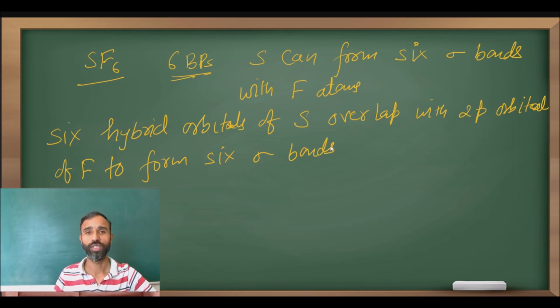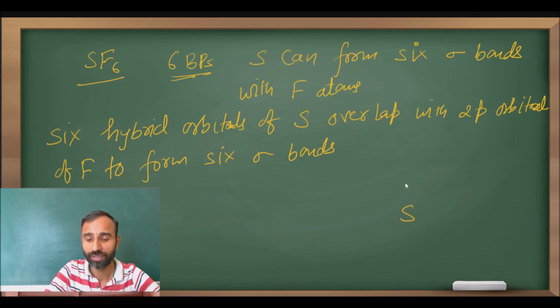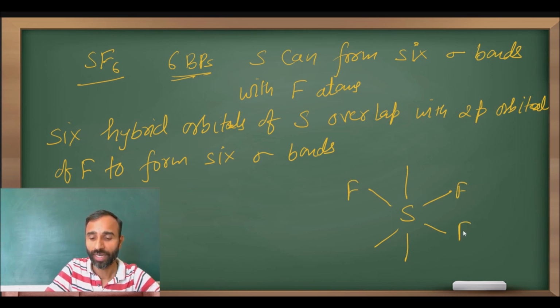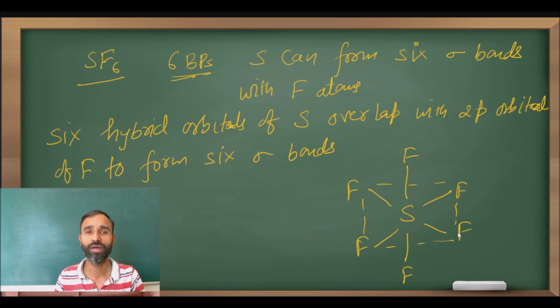And these 6 bonds are lying in an octahedral shape. Sulfur has 6 bond pairs, 6 S-F bonds, arranged in octahedral fashion.